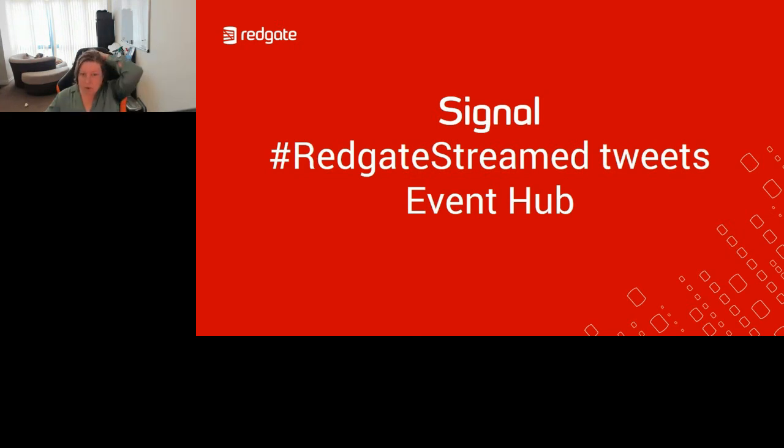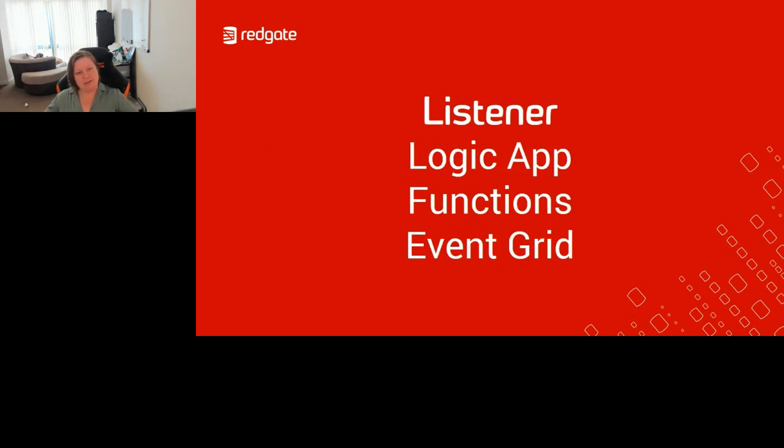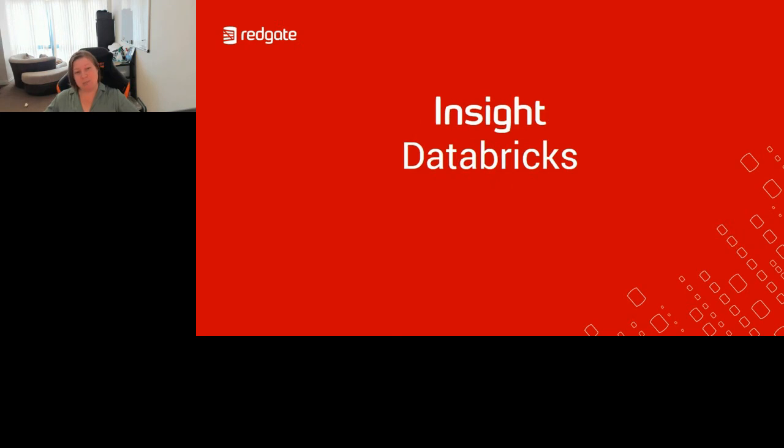So we've gone through, we have generated our signal, processed it in event hubs, used Logic Apps to get that data in. We can also use functions and event grids for the image processing. We've seen how we can use Databricks for insights to add in artificial intelligence results relating to our data.